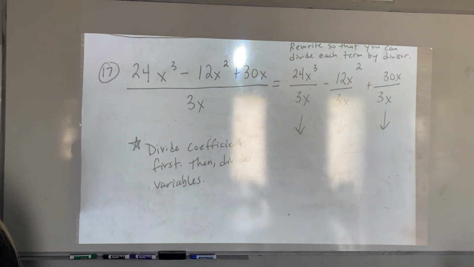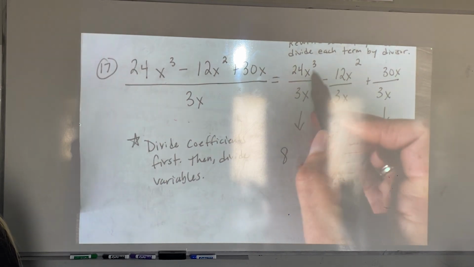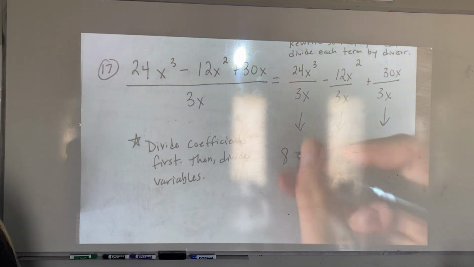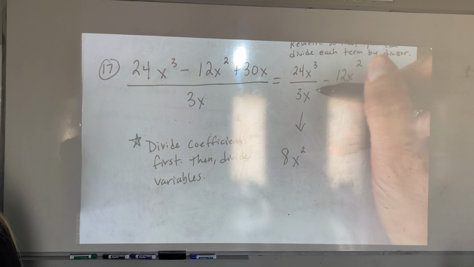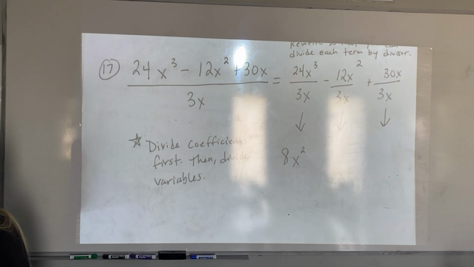So 24 divided by 3 is 8. X cubed divided by x is x squared. Never be afraid to write a little one exponent there. I'm not, just because I want this to stay exactly like what the example says when I post it in Canvas.